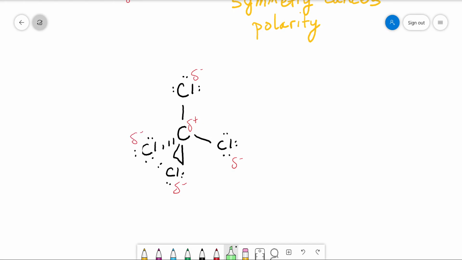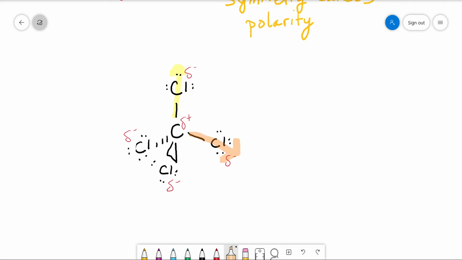But watch what happens when we add the dipole moments, and I'll just do them all in different colors. Why? Because I have lots of different colors. Now it's really difficult to picture this three-dimensionally given the picture that I've drawn.